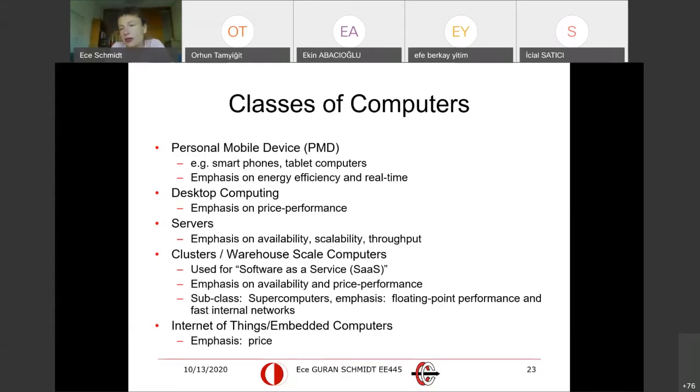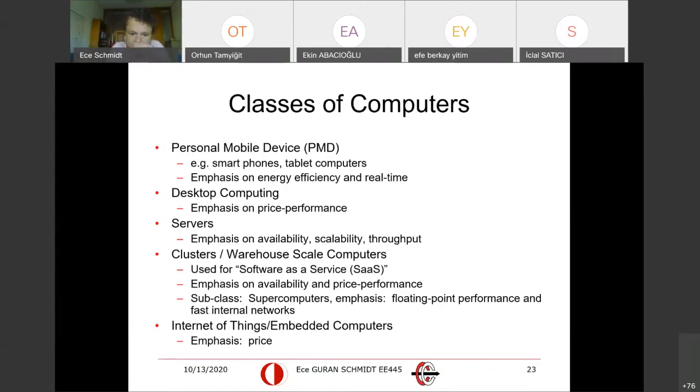So it also has to be energy efficient because it's not always plugged into power. Whereas for desktops, the emphasis is on price performance. So if I am running MATLAB code, I would run it on some desktop, or I would run it on my laptop. I won't try to run it on a mobile device. I don't know if such a thing is possible, but I won't do that.